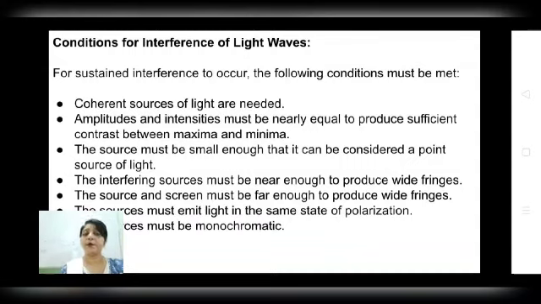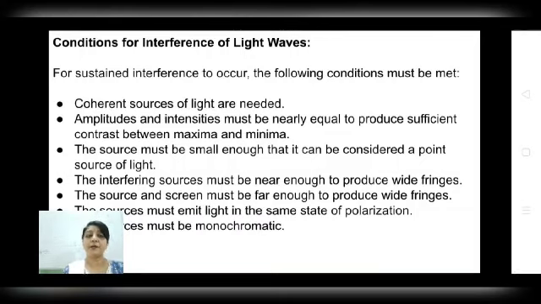The second important requirement is that the amplitudes and intensities of the waves interfering with each other must be almost the same. The third important requirement is the main source should be a point source of light.